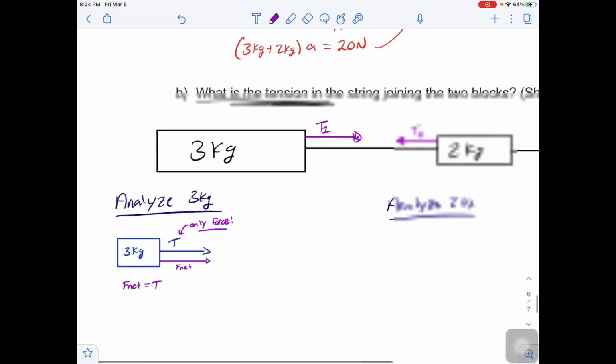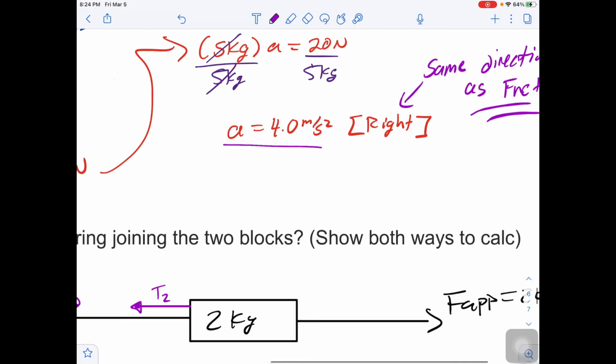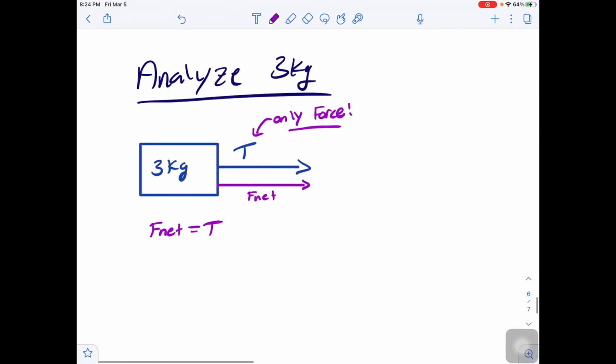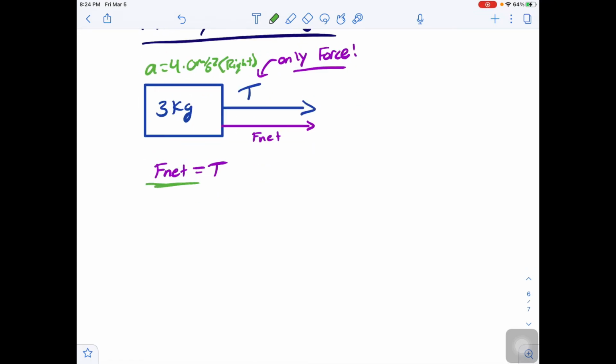Now in the previous question, we determined the acceleration this thing's moving at. So here, my 3 kilogram object is accelerating at 4 meters per second squared to the right. So that is our net force.